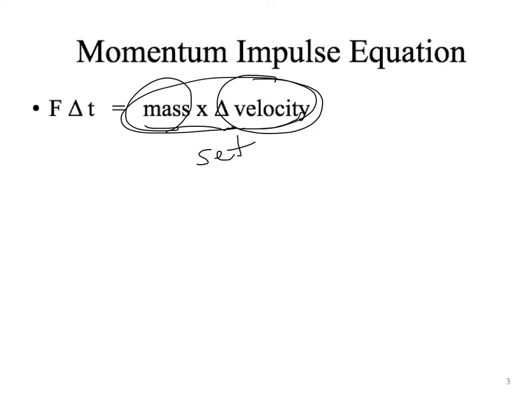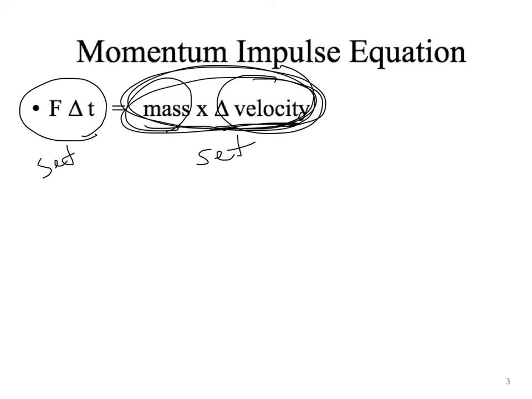So it could be in a car crash, it could be a slow braking, but this is a set quantity. This whole thing right here, a set quantity, momentum is set. Now, because it equals impulse, impulse is set. And you're going to have to write about that in your test, the essay.